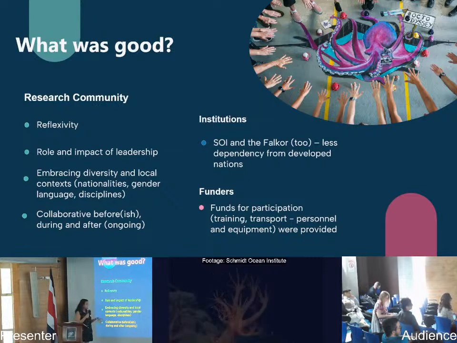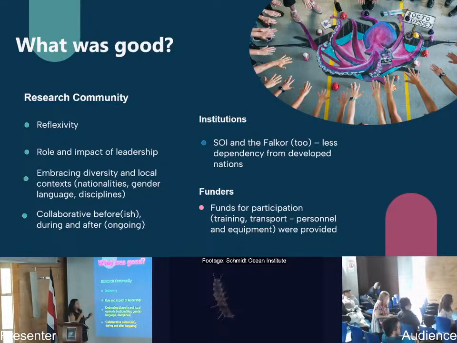And in terms of the funders, in this case of the Octopus Odyssey, participants had funding for participation, which included training, transport, personnel, and equipment covered. And that's really important in ensuring that participants, especially those from developing countries, actually have the conditions to join.